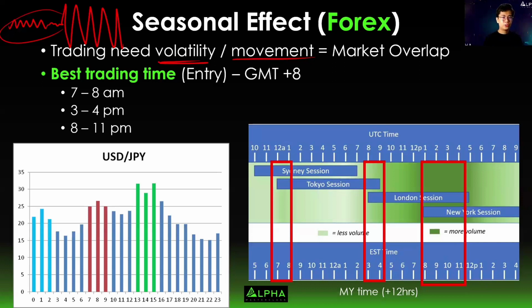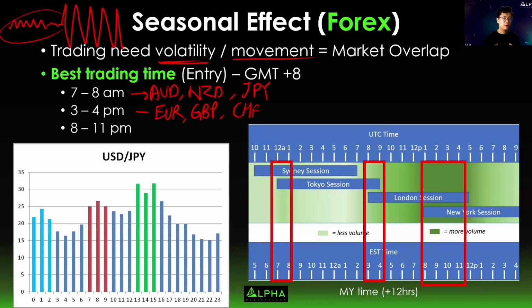Hence, when you are trading any market related to AUD, NZD, JPY, the best trading time is 7 to 8 a.m. GMT plus 8, which is Malaysia and Singapore timing. Next is the time related to Euro, GBP, and CHF.